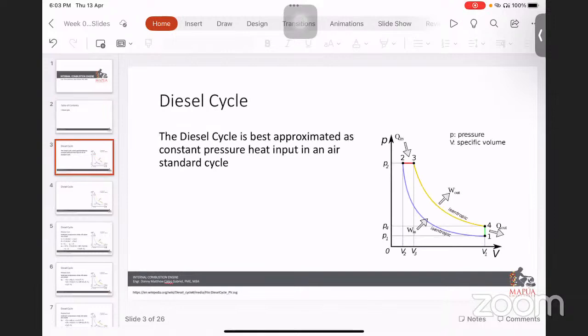Okay. So doon sa Otto cycle, ang energy in natin or the source of our spark or heat to start the combustion process is a spark plug. Constant volume, meron tayong spark plug, nagkaroon tayo ng combustion process. Sa diesel cycle, ang premise naman natin ngayon is constant pressure.